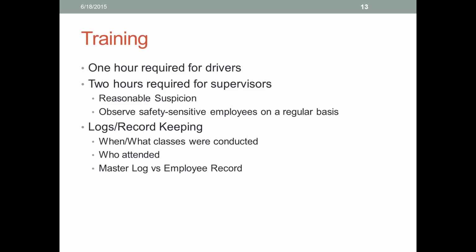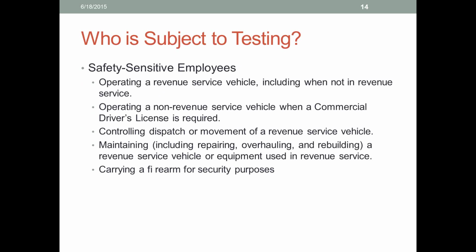And then I should be able to dive into an employee's record and see that John Doe, driver number 2, attended this training on October 15th and that training on September 3rd and this training on April 4th. And I should be able to see every single training program that employee attended. So make sure you understand the difference between the two. There's your training program log and there's your employee training log.